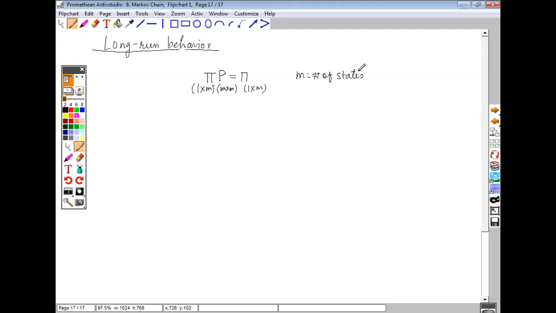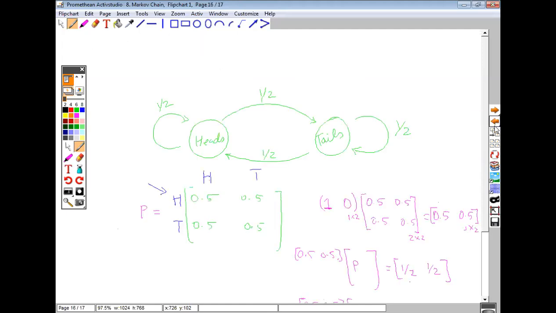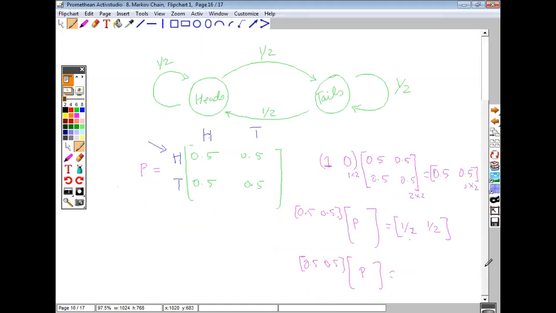So what I'm going to do now is define my pi again as well. Let us say I want to write the corresponding probabilities here. This will be my P where I started off with heads and I land at heads again, and this will be my P where I started off with heads and I land at tails.